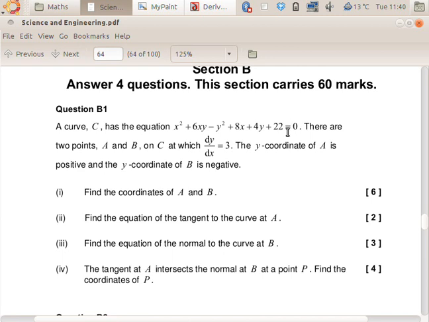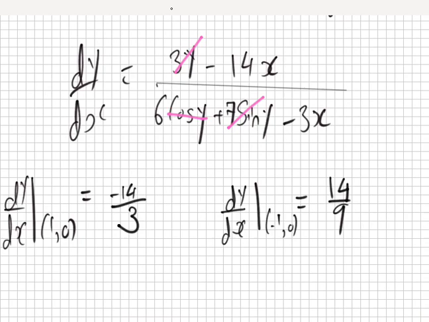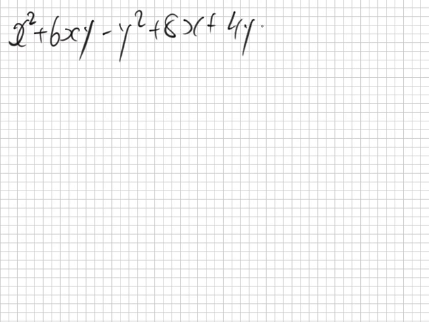Okay, so let's have a look at this one. I just need someone to write this equation down so they can read it back to me, or do you have it in front of you? Alright, so what is the equation then? X squared plus 6xy minus y squared plus 8x plus 4y plus 32 equals 0. Right, so first things first, let's get dy dx.